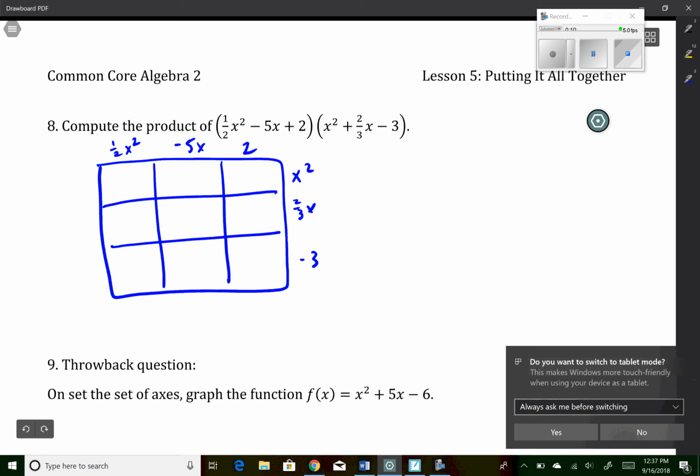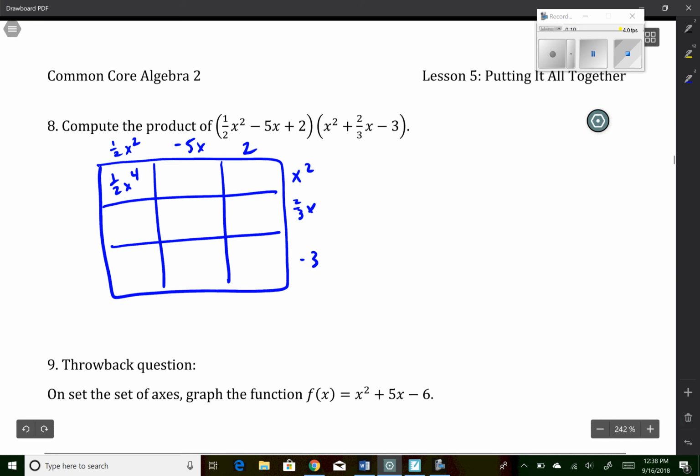So 1/2 x squared times x squared is going to be 1/2 x to the 4th. 1/2 x squared times 2/3 x, so that's just going to become 2/6 x to the 3rd. Well, 2/6 is really just 1/3 x to the 3rd. And 1/2 x squared times negative 3 is going to wind up being negative 3/2 x squared.